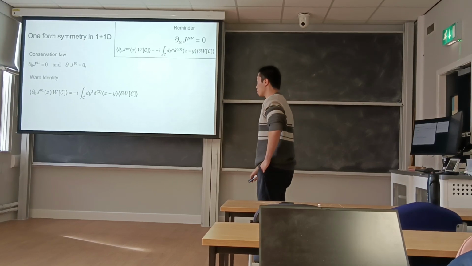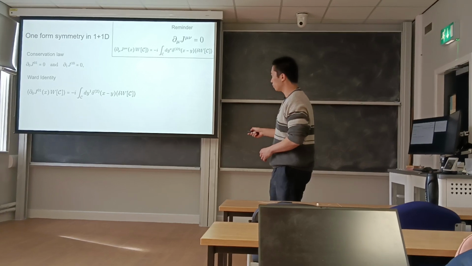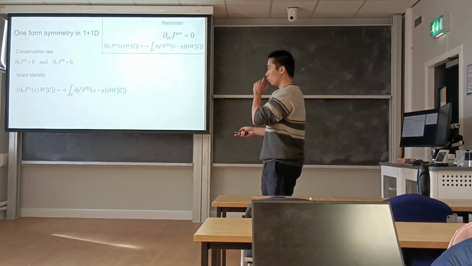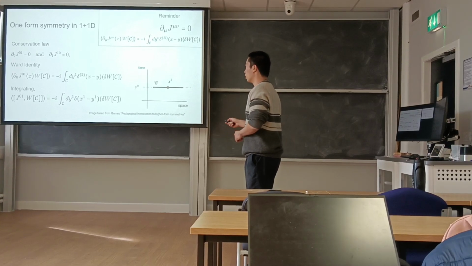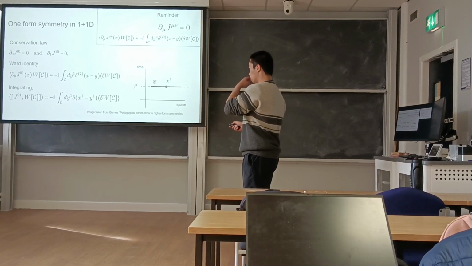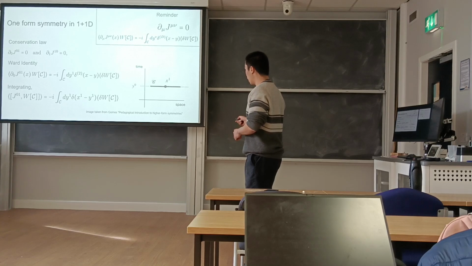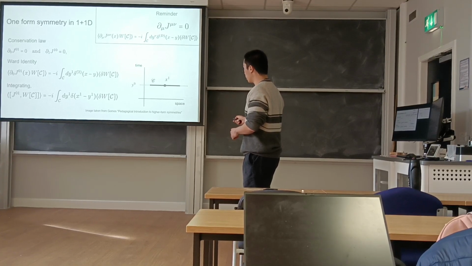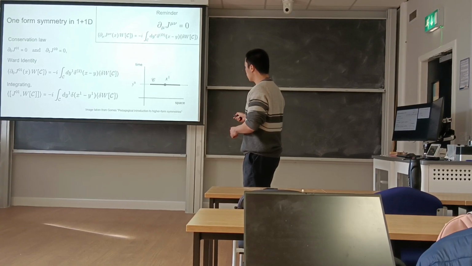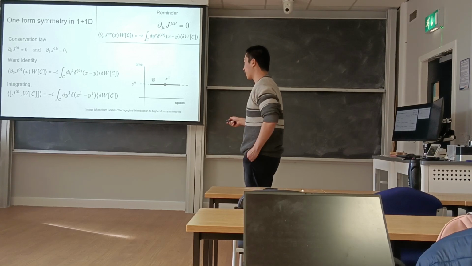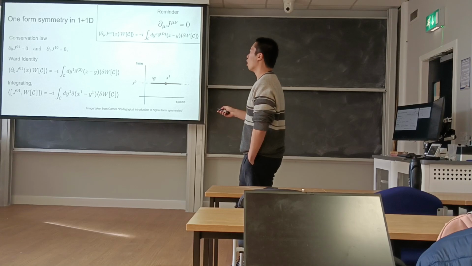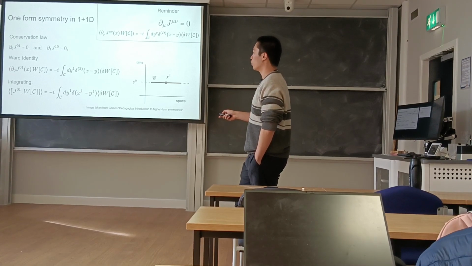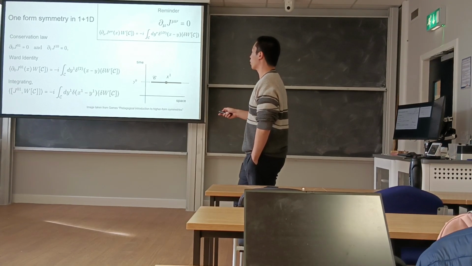Okay, moving on. So we still have the Ward identity. Now, even though we do not have a charge operator, we can integrate this Ward identity over time. So if you have y1 here, then we integrate from here to here, and this encapsulates this Dirac delta.